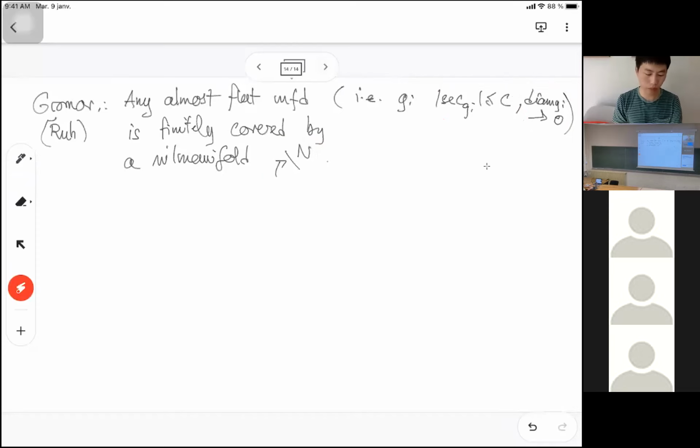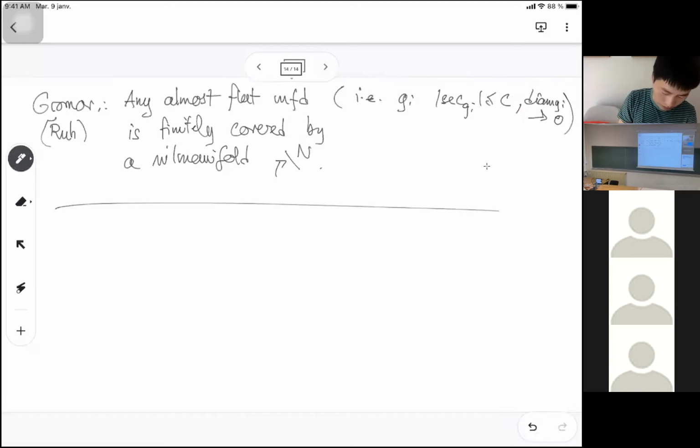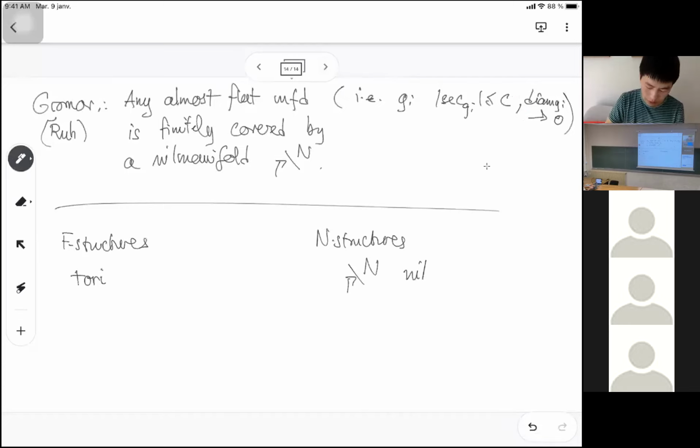And we will see next time that those nil manifolds are playing the role of tori for N structures. Let me compare a little bit. You have tori, they play a fundamental role in the definition of an F structure, while for N structures, what's going to play this role is going to be those nil manifolds.